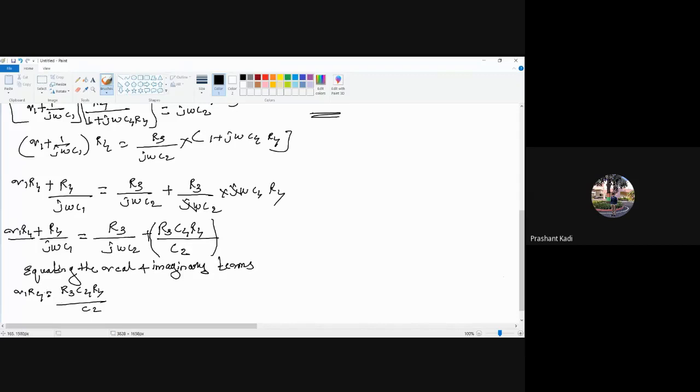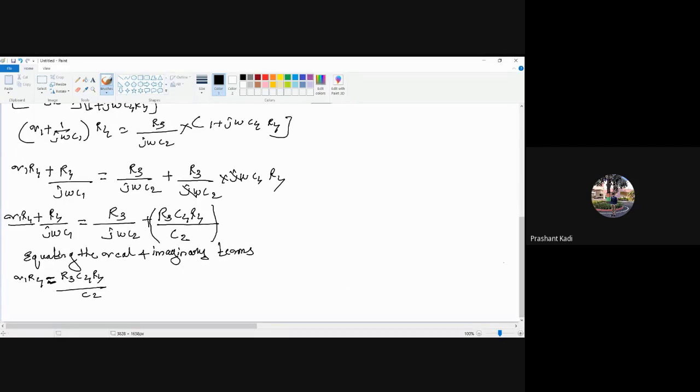From this equation, you can find the value of R1. R4 and R4 will get cancelled. So R1 equals the remaining term, R3 into C4 by C2.